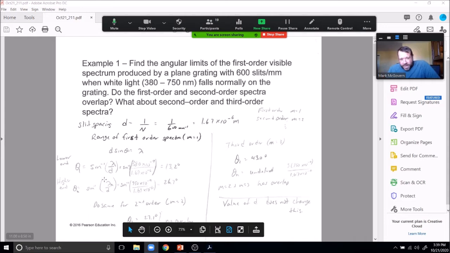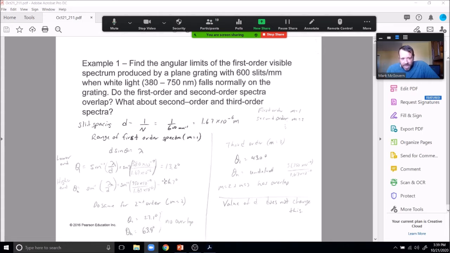I got for m of 1, a first order, that the higher wavelength is 26.7 and the bottom is 13.2. So if you really had completely white light here, spanning from 26.7 to 13.2 in angle, you'd see a rainbow.